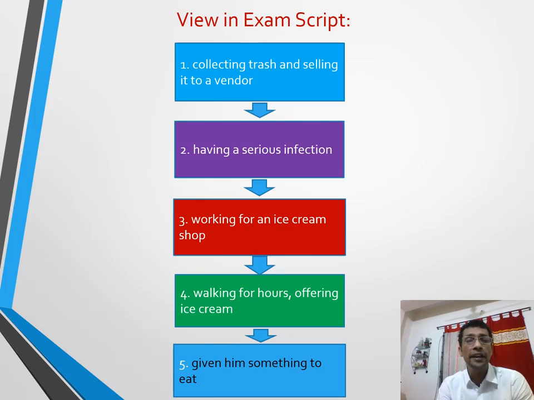You must make a phrase, but that should be relevant to the text or the extract. So these are the 5 boxes. I haven't used one box that is already given in the exam, but remember, when you write the answer, you also write that box which is given in the question. So in that case, there will be 6 boxes for you.